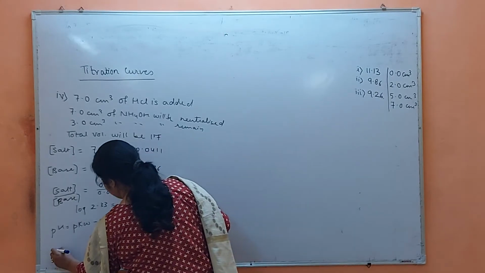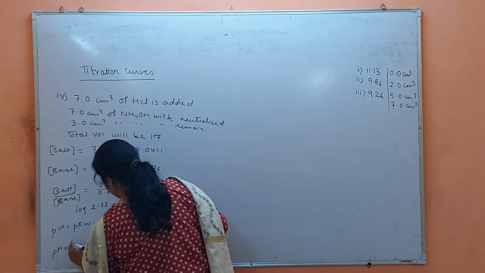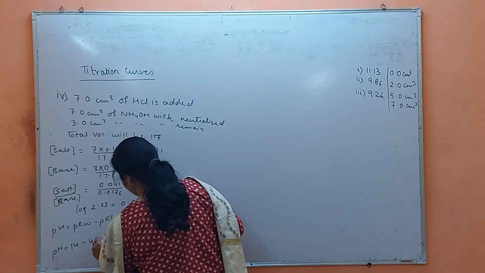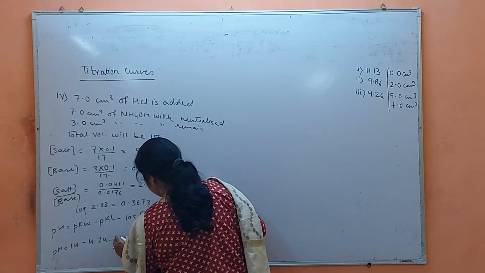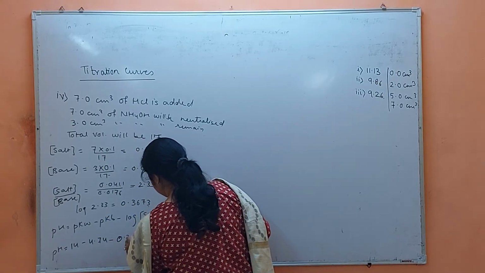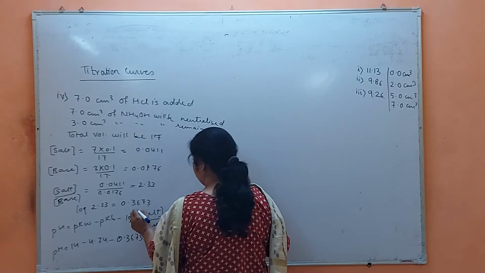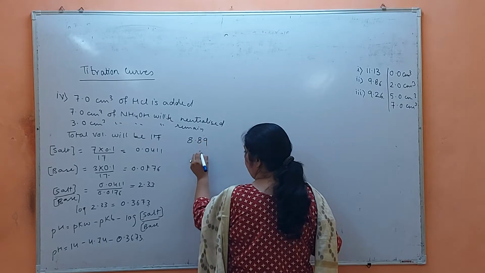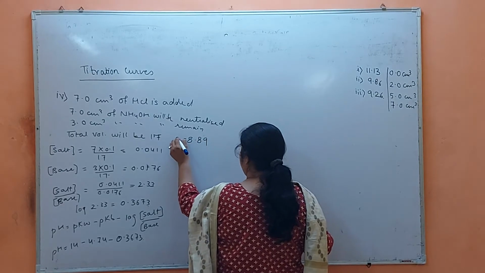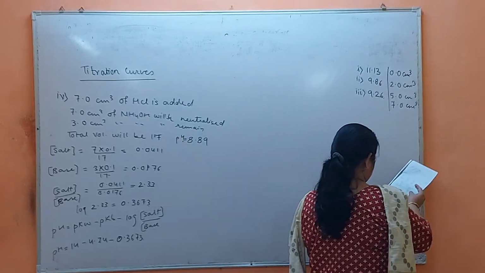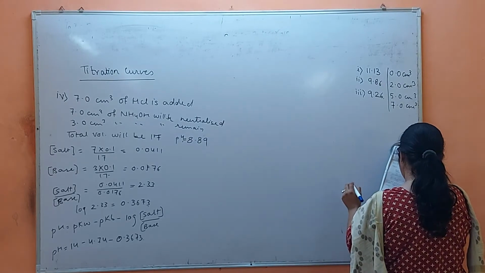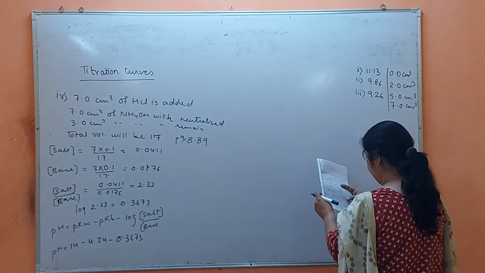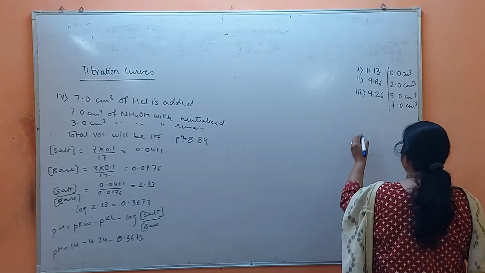So pH is equal to 14 minus 4.74 minus 0.3673. So it comes out to be 8.89.